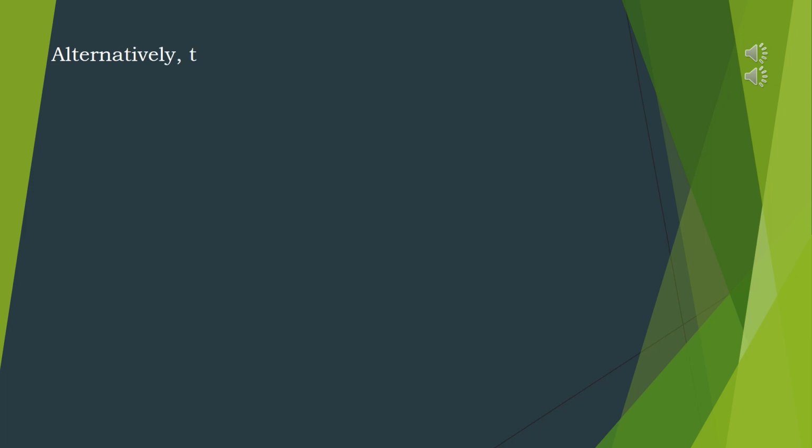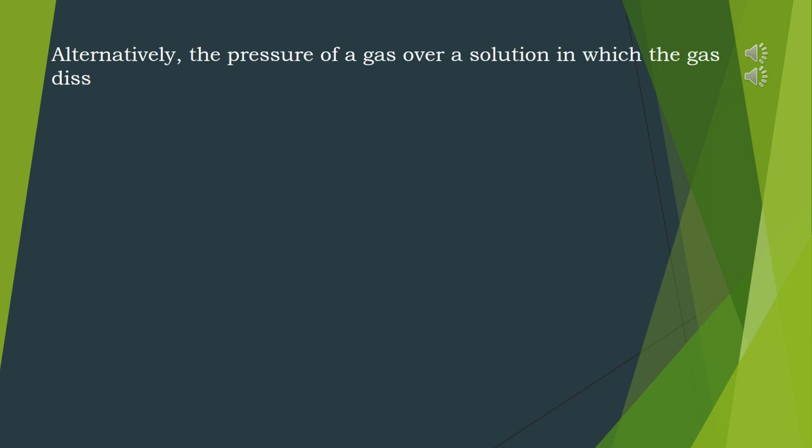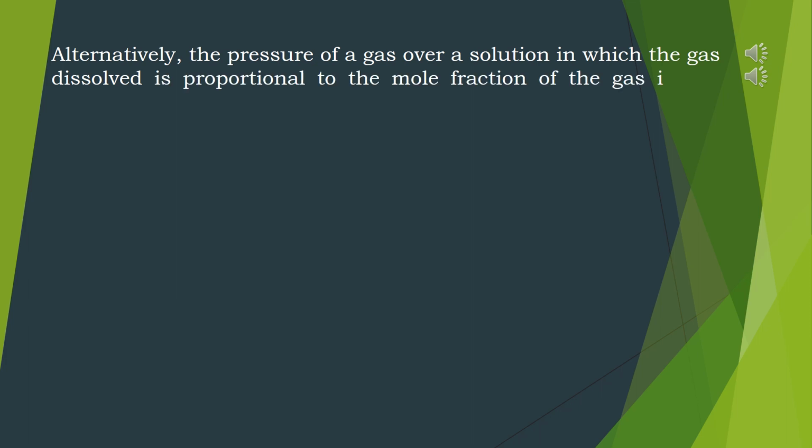Alternatively, if we use mole fraction of gas in place of mass of gas, then the pressure of gas over a solution in which the gas is dissolved is proportional to the mole fraction of the gas in the solution. That is, x is directly proportional to P, or x = K'P. Or we can say that P = (1/K')x.